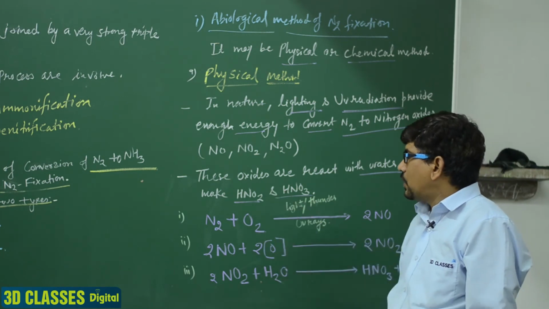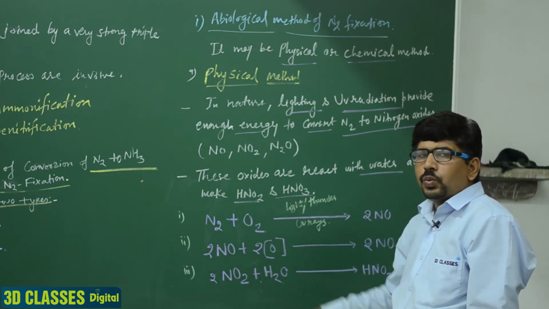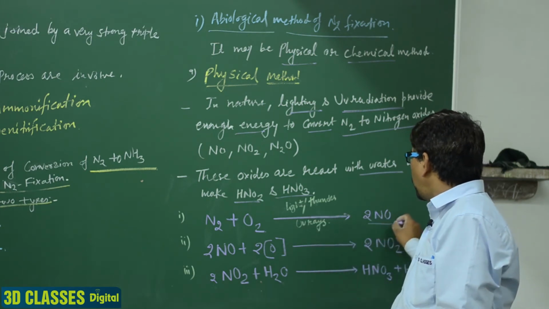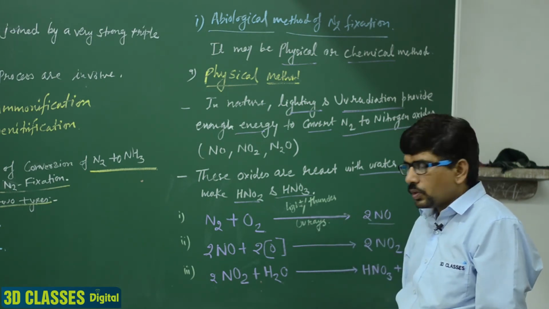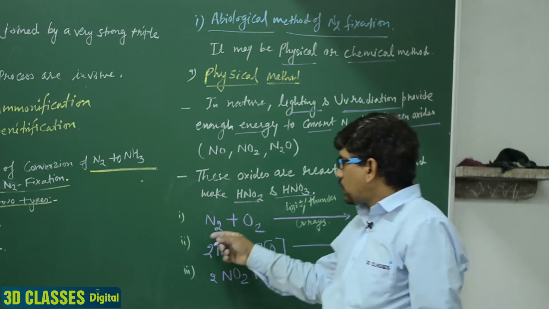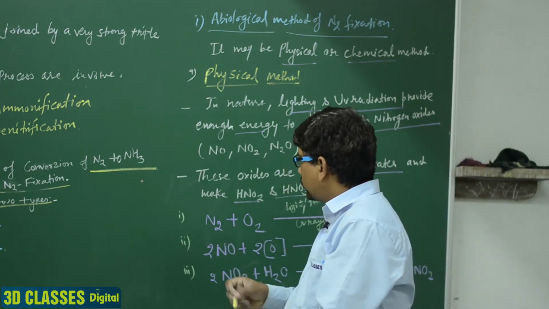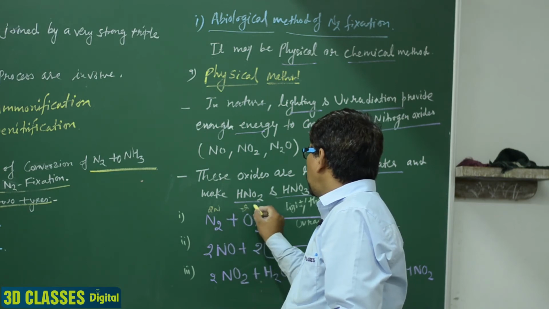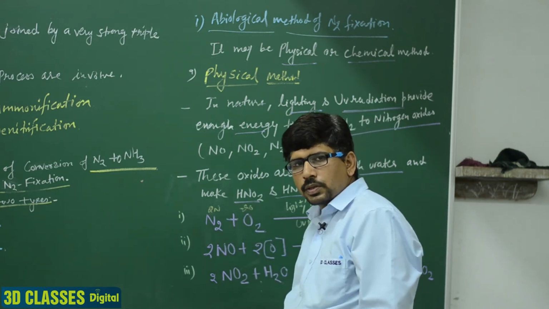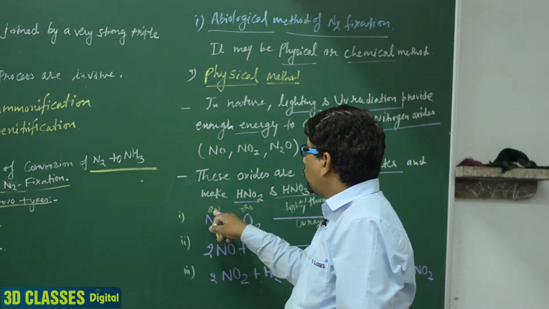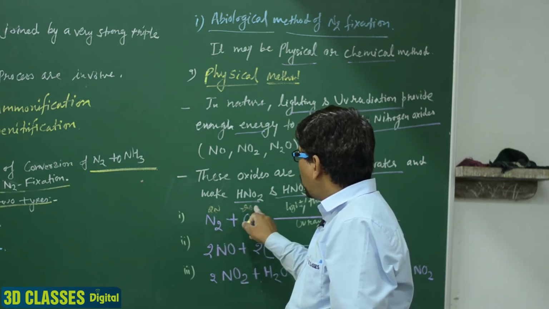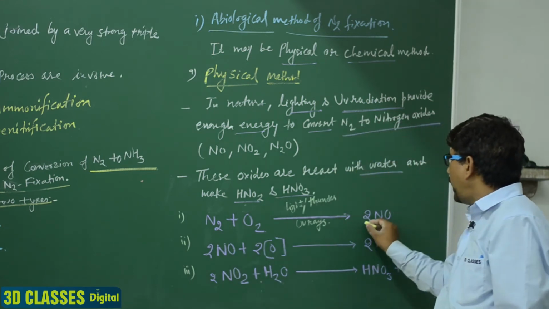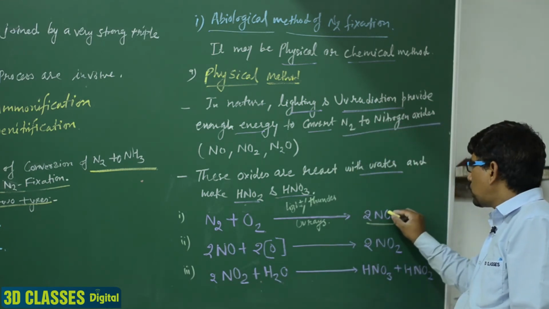So the mechanism is N2 plus O2 reacting to give 2NO. You can also write it as 2N plus 2O. Two nitrogen atoms and two oxygen atoms are joined together and make 2NO, nitrogen oxide.